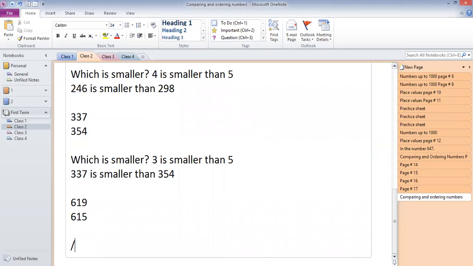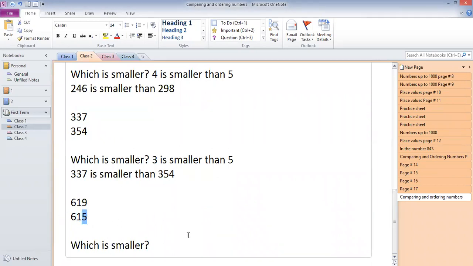Here, which is smaller? When you compare the hundreds, 6 and 6 are same. Then you compare the tens, 1 and 1. The tens are also same. How will you compare them? Now you will compare the ones.